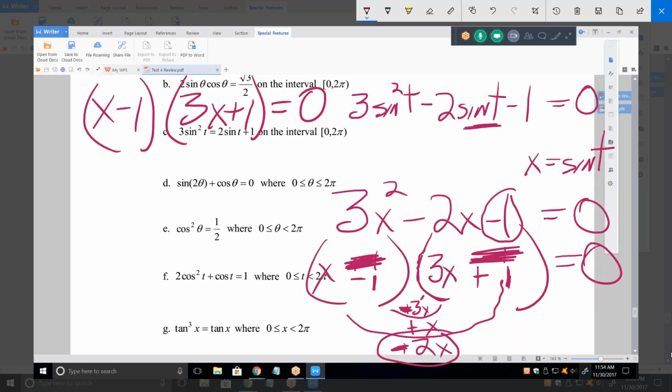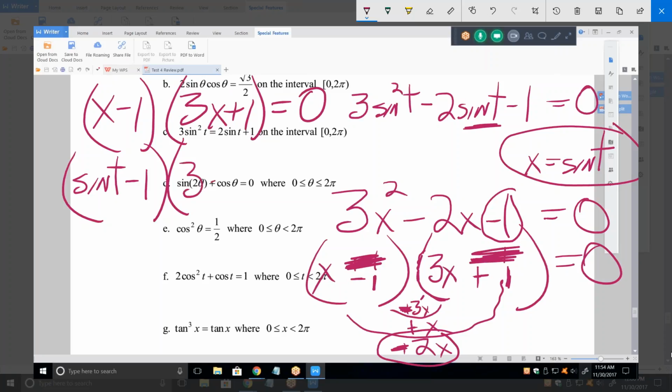Real quick, I'm going to finish this out. We used x equal to sine t. So this really is sine t minus 1 times 3 sine t plus 1. That's what's equal to 0.